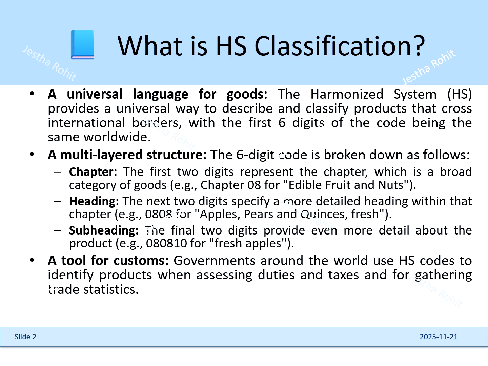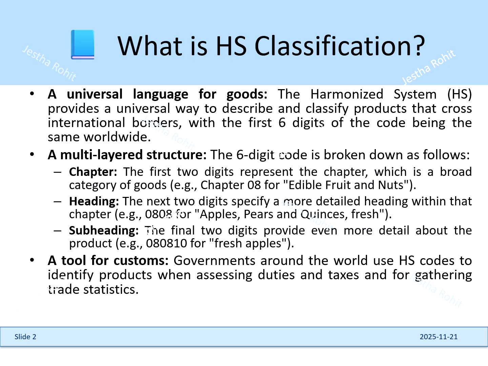Then headings. The next two digits specify a more detailed heading within that chapter. For example, 0808 for apples, pears, and quinces. Subheadings. The final two digits provide even more detail about the product.